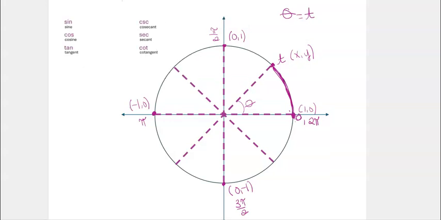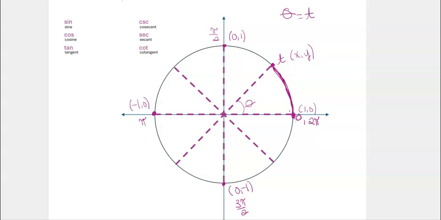So here they are in their abbreviated form. Sine is S-I-N, cosine is C-O-S, tangent is T-A-N, cosecant is C-S-C, secant is S-E-C, and cotangent is C-O-T. And these 6 functions are defined in terms of x and y and the radius.